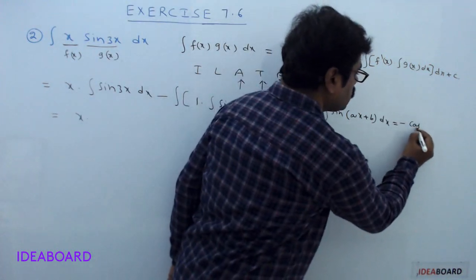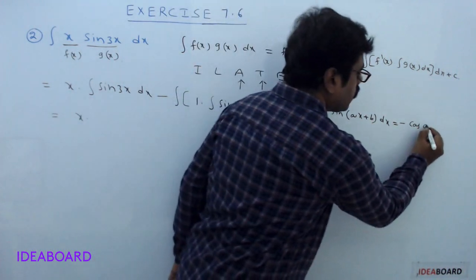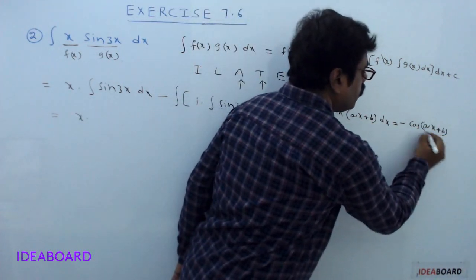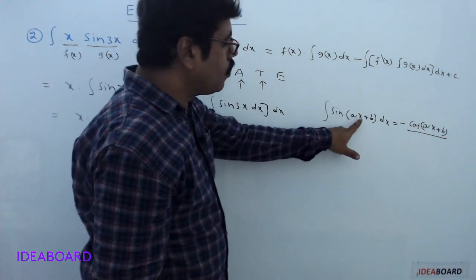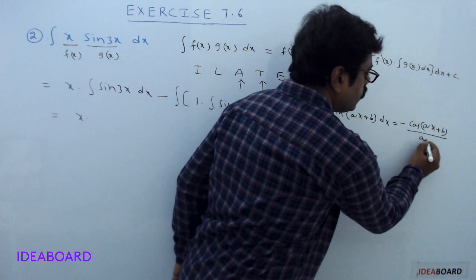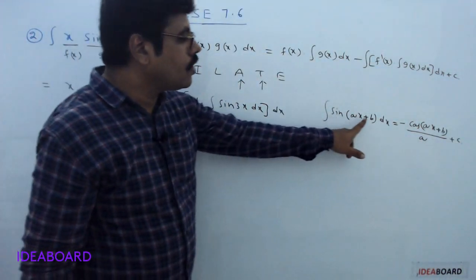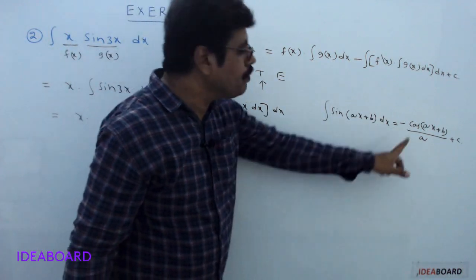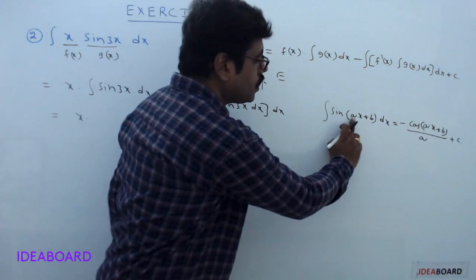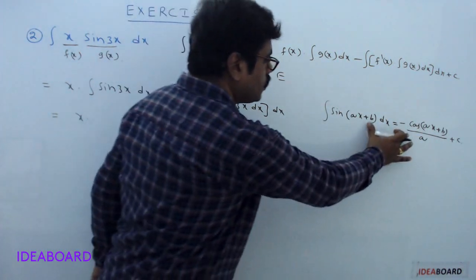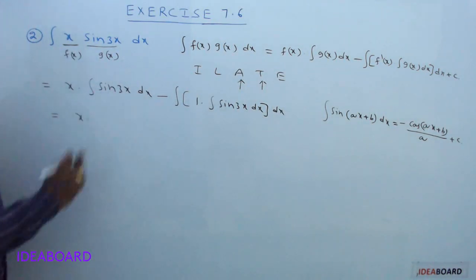So this is minus cos x, where x is ax+b, divided by the x coefficient in the integrand, that is a. So integral sin(ax+b) dx equals minus cos(ax+b) divided by the coefficient of x in the integrand. Now use this formula on integral sin 3x dx.